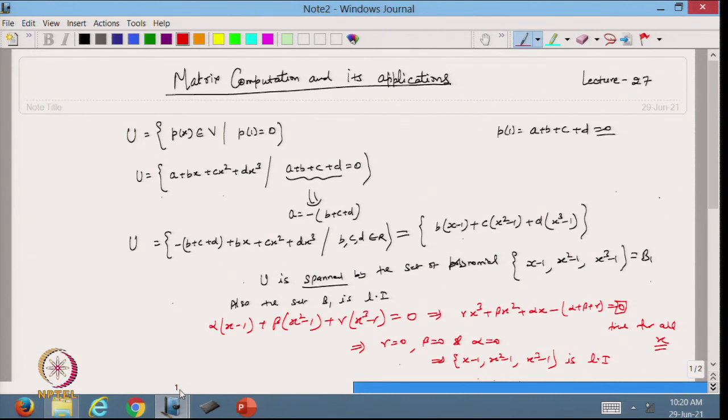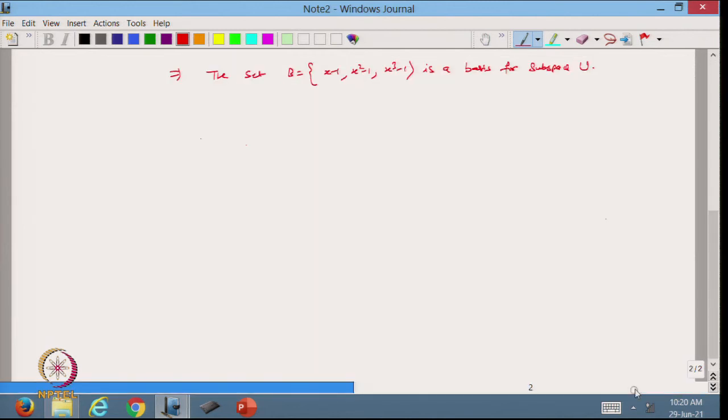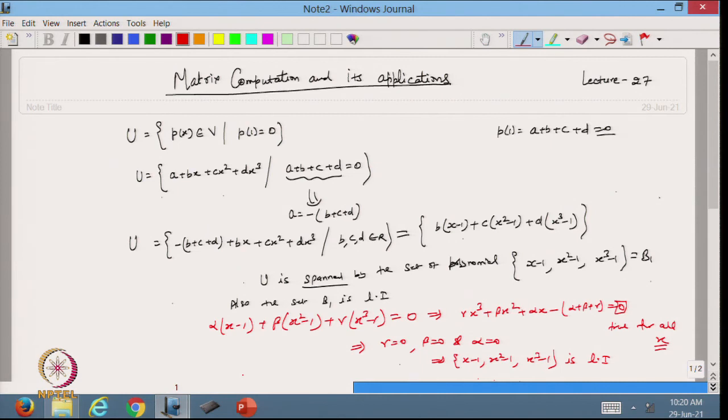Now, one thing is very much clear to us, that U is a subspace. I have not proved it yet, but U is a subspace, because two conditions need to be satisfied. I can take the polynomials P1(x) plus P2(x).